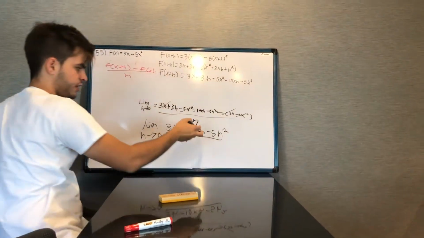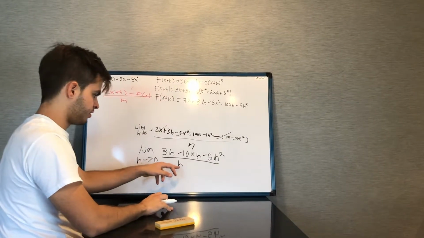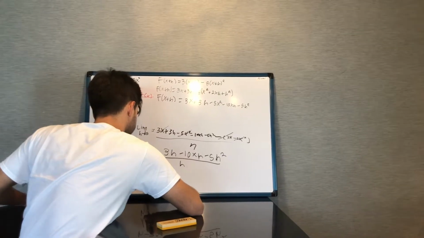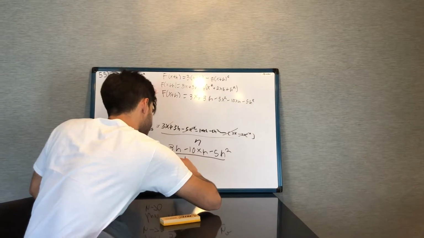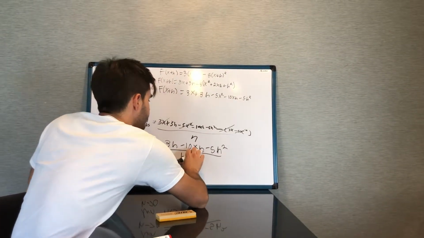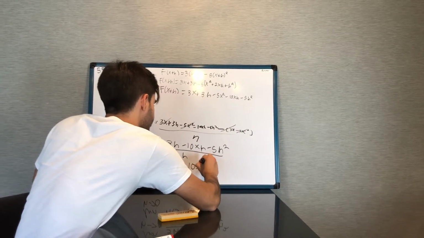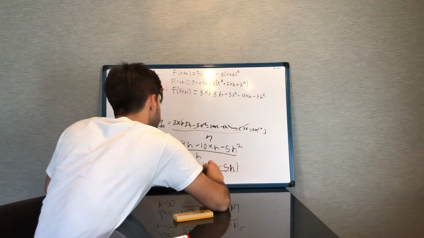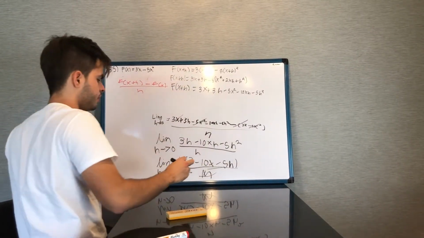We can also factorize the h in order to try and take out the h of the denominator. So as our limit approaches 0, you always have to put the limit, you get h multiplied by 3, sorry, minus 10x minus 5h divided by h, which in turn the h will be taken out of the equation.